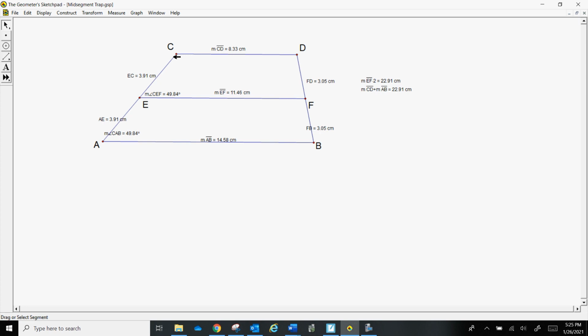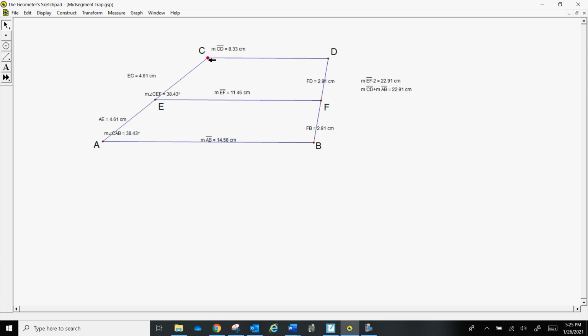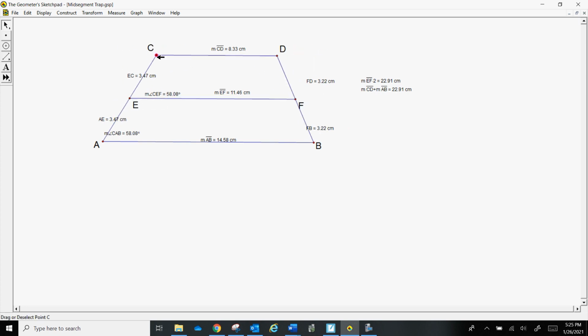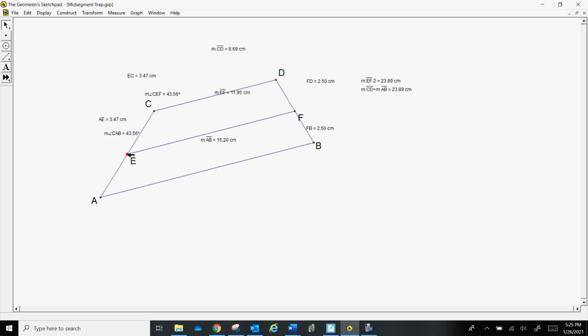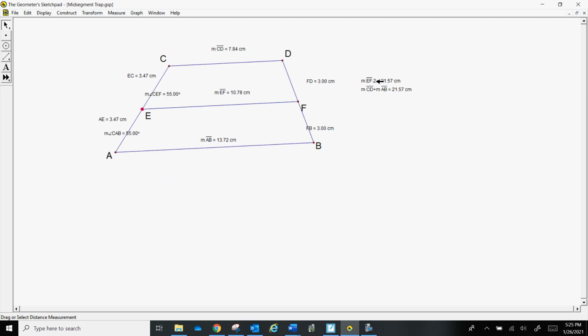And you can see that's going to stay true if I make it bigger or smaller. If I change all of these numbers so they're different, no matter what's happening, if you double this midsegment, you will get these two bases added together.